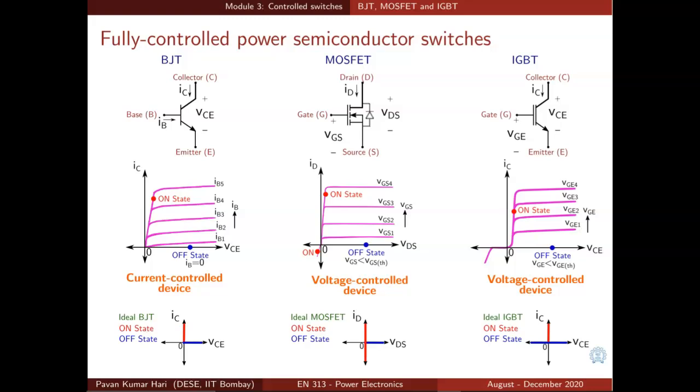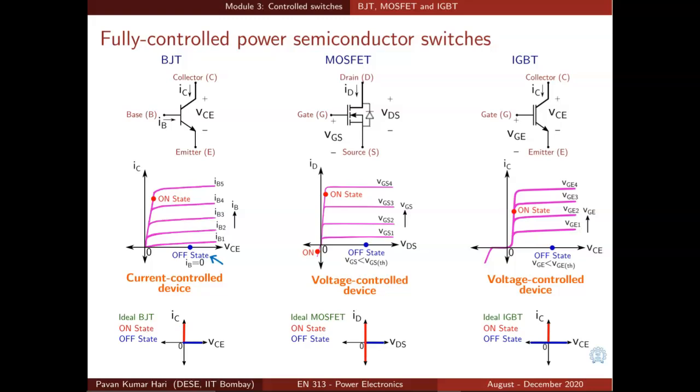So in the off state of a BJT, the off state corresponds to a point on this x-axis. It depends on the voltage that is appearing, and that depends on the external circuit conditions in which this BJT is connected. And how does the conduction start?